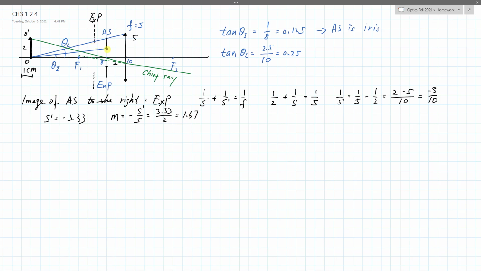So that point's image is that. I'm going to draw the marginal ray, or extreme ray, right here through that point. Suppose I hit that edge, and then hit here, and then the ray should bend further towards the optical axis, further down, as if it came out of that image point by extension. So like this.